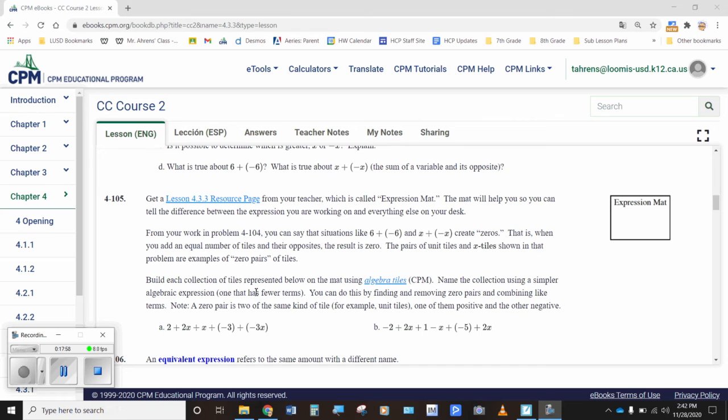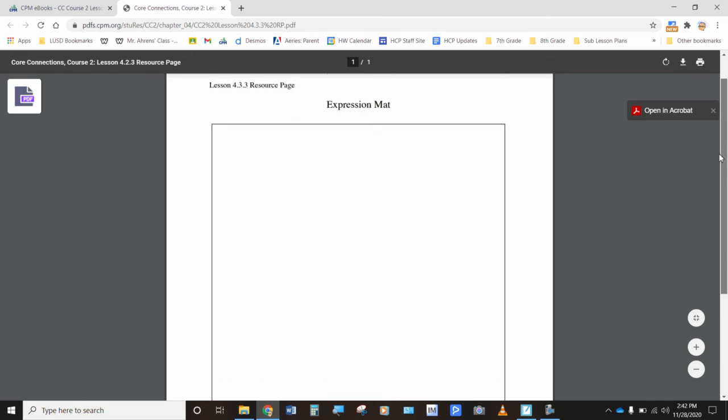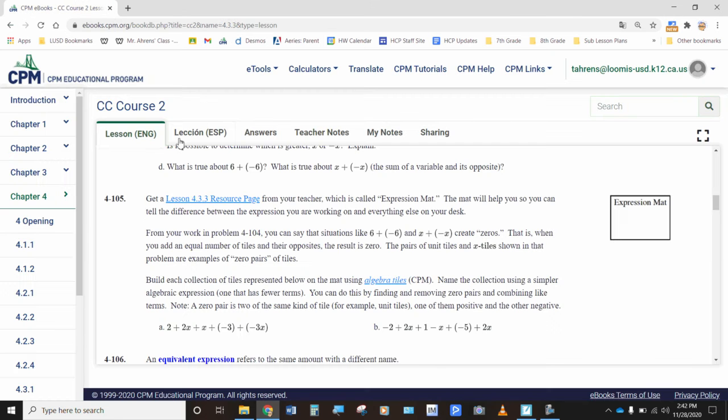All right, so here we are at problem 105 for lesson 4.3.3. And here is what the resource page looks like. Hooray, a big rectangle. Useless if you ask me, but okay, let's just move on. And now for this exercise, if you want to pull up the algebra tiles, there you go.